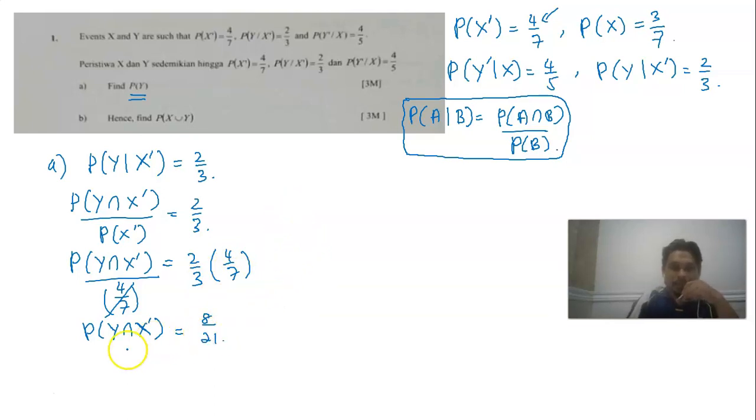So for this, we call it probability of Y intersect X complement.